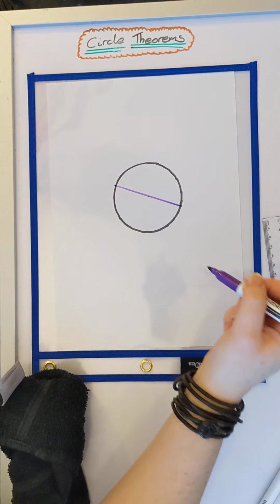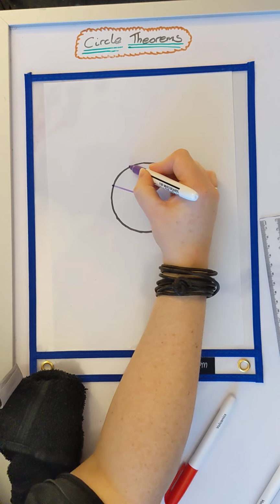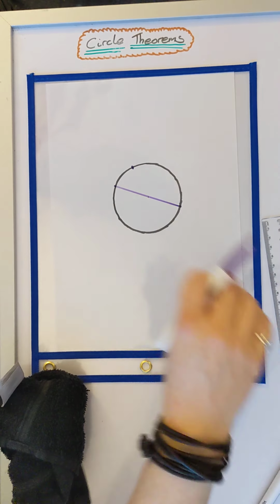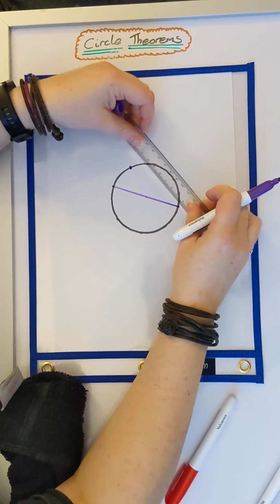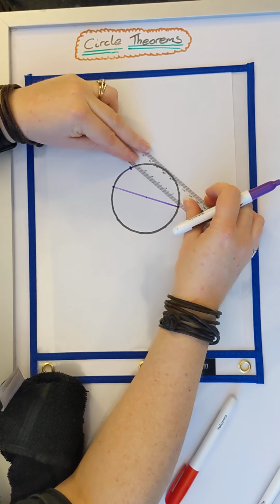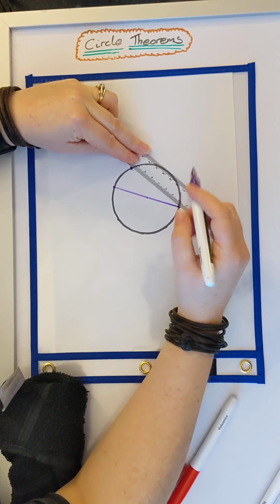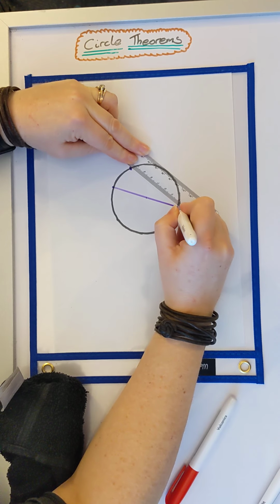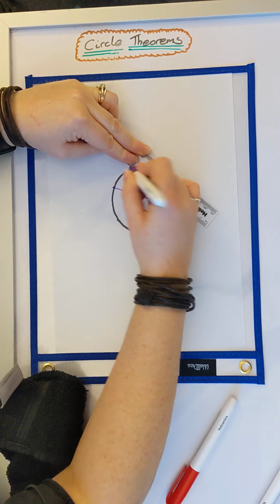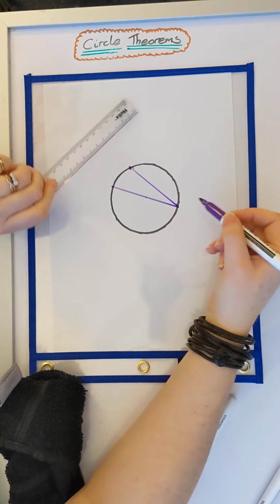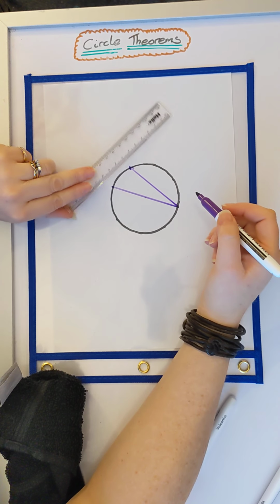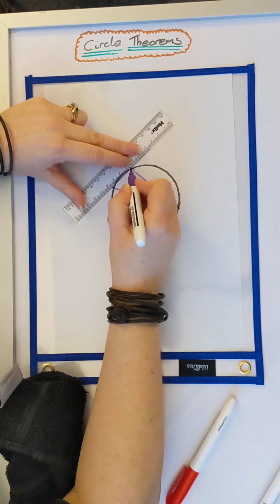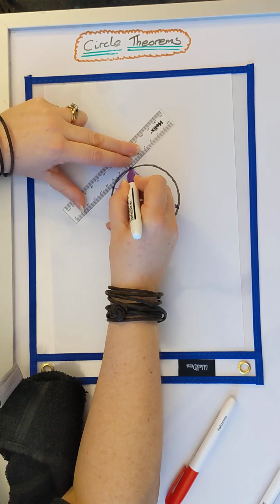We have an additional fact that's very useful. If I choose a point on the outside edge and I join these up, so this is three points on the outside edge with a diameter, it can form a triangle.